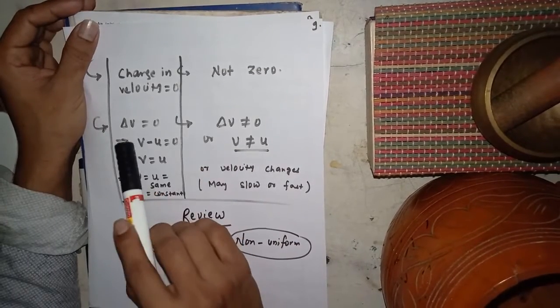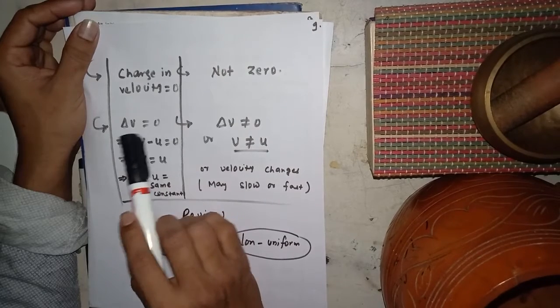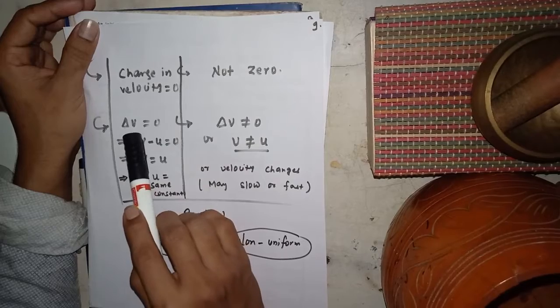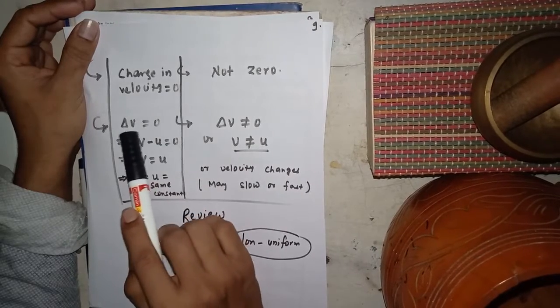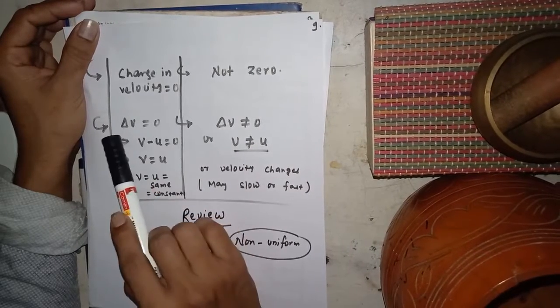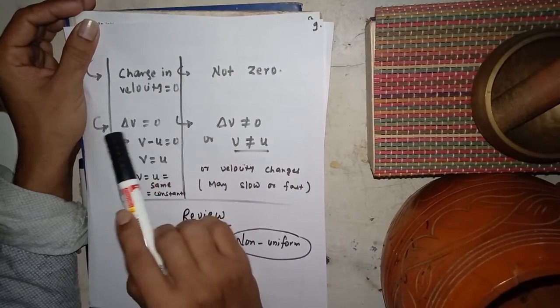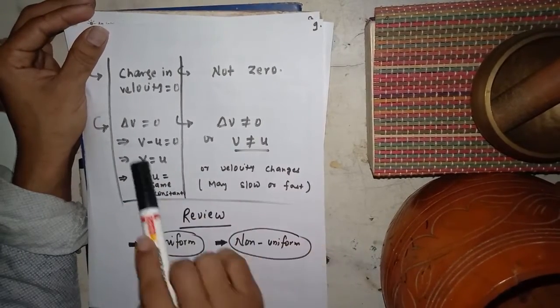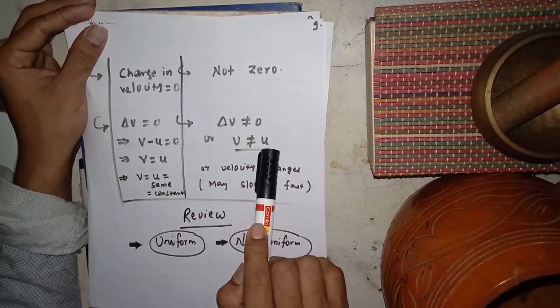So we can symbolize it as del V is equal to 0. Del means change or difference between two quantities. Here V means velocity or speed. So V2 minus V1 is equal to 0, or V final minus V initial is 0, or V minus U is 0 here. But here V minus U is not 0.